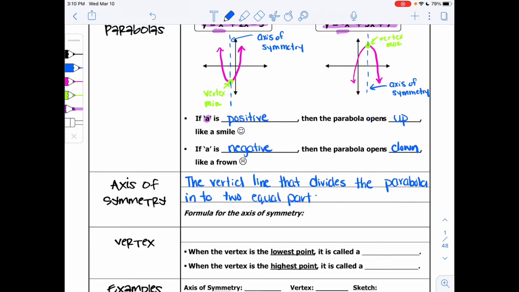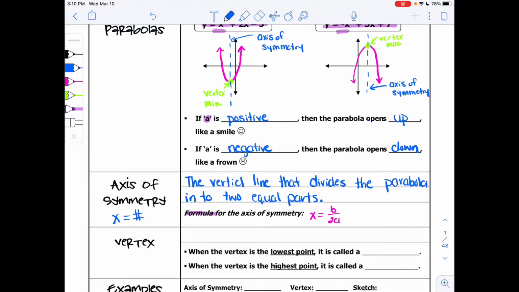That line has a name, and we write it x equals a number. There is a specific formula that we use to find that axis of symmetry, and that formula is x equals negative b divided by 2a. We can use that formula to find the axis of symmetry. It will tell us what x equals. And again, remember, a, b, and c are coming from that standard form.